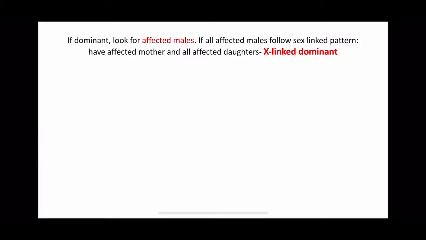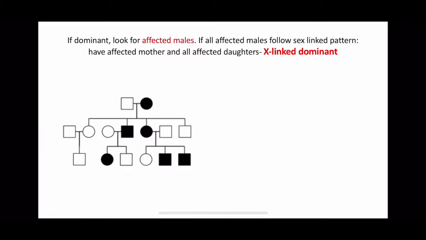Okay, in case the first rule gave you a dominant result, which means there was no such unaffected couple that was giving rise to an affected offspring, then it was dominant. And in dominant cases, to find out if it's X-linked or autosomal, look for the affected males, not the females. This is the difference here.